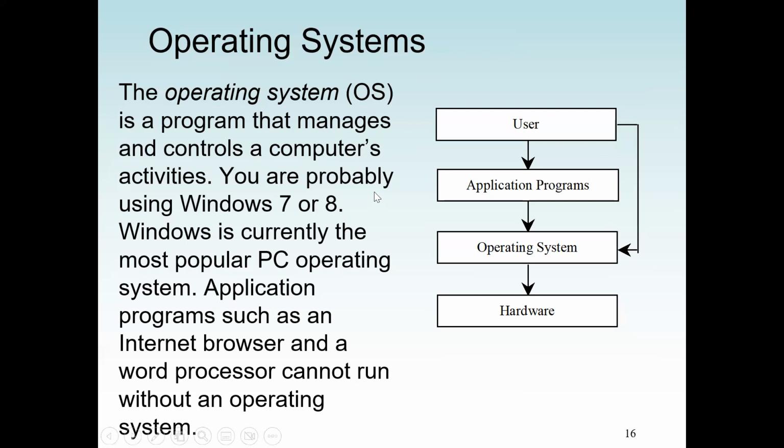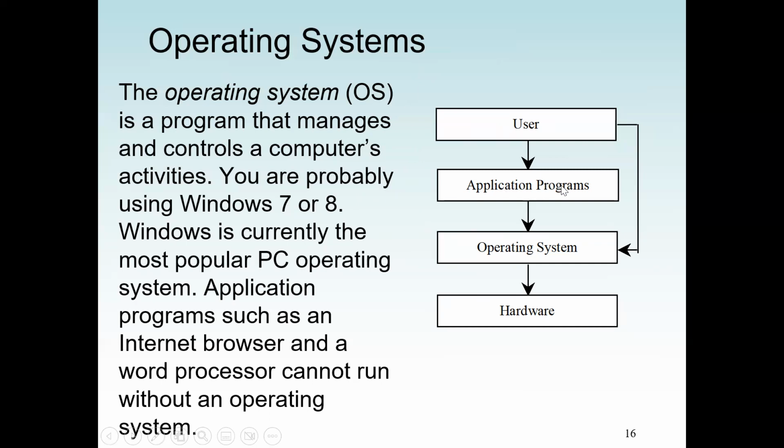So an operating system, again, manages and controls the computer's activities, everything. We have a special course in our school on operating systems where we go into more detail. Also, an operating system is one of the most complex pieces of software.